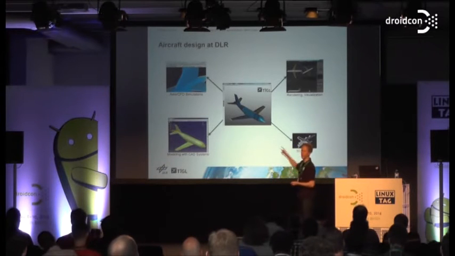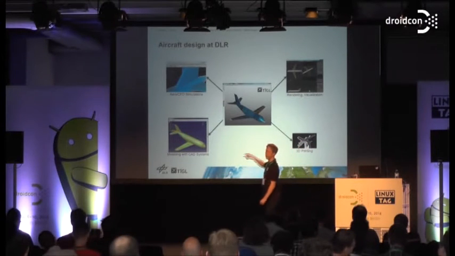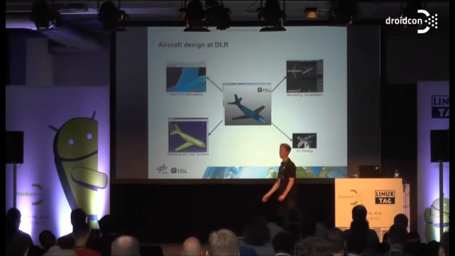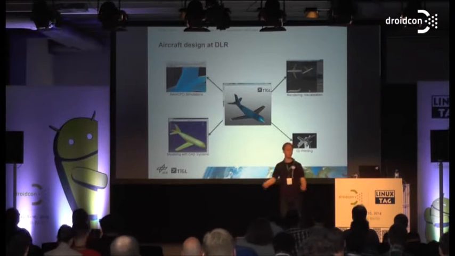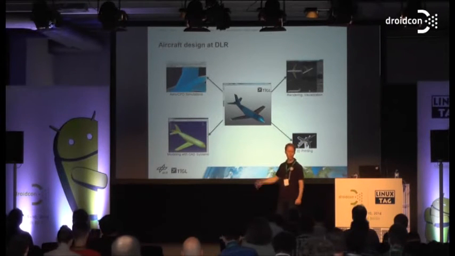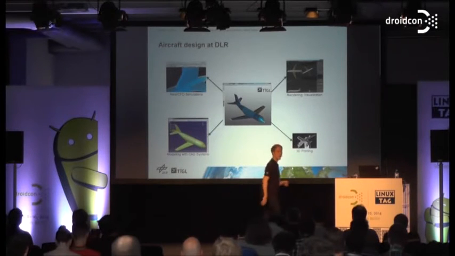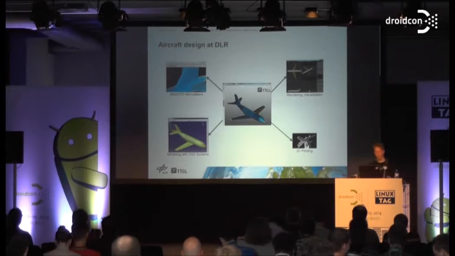So you create your surface mesh, and then you give it to the aerodynamic simulations, or you export your geometry into CAD systems, or you can also visualize the geometry with Blender, for example, or even print it. You can export STL files and print the aircraft. Just have a look at what they look like.